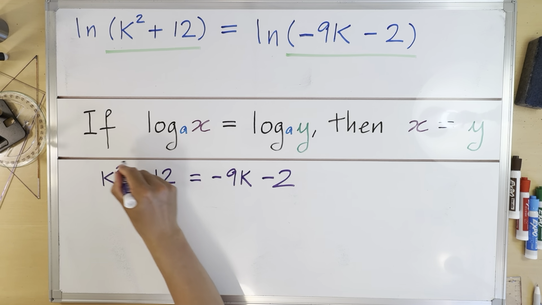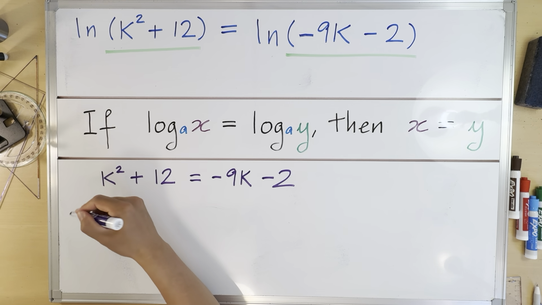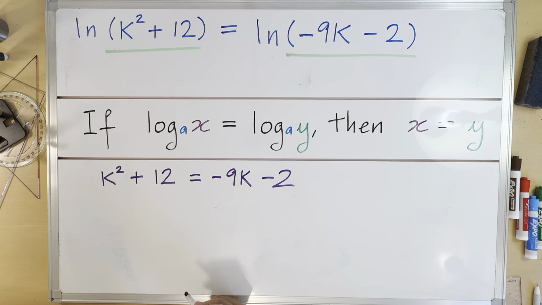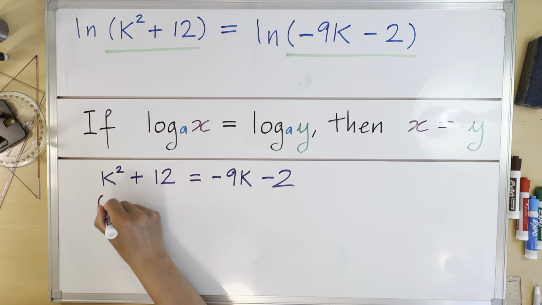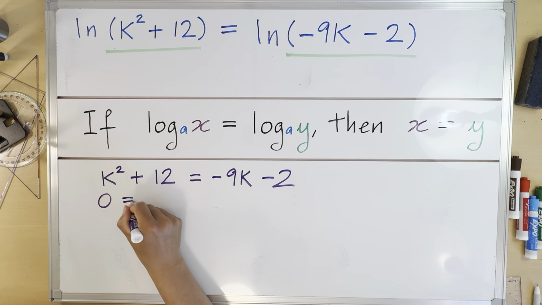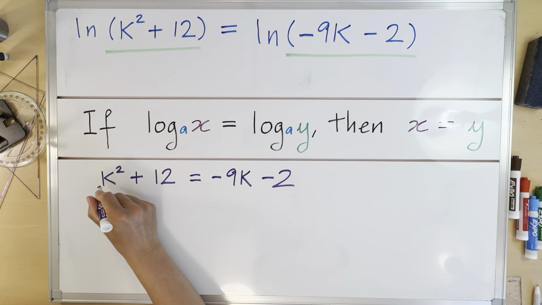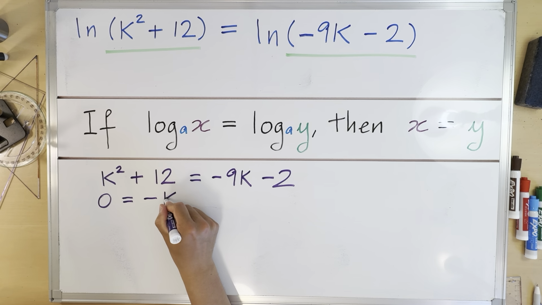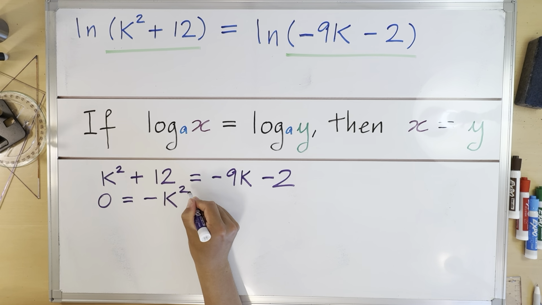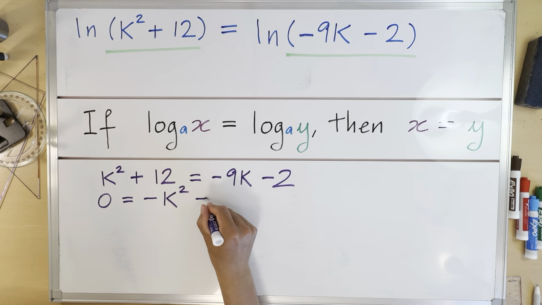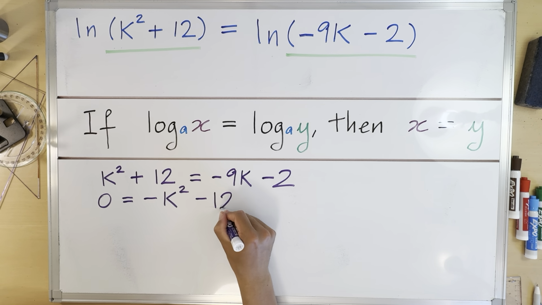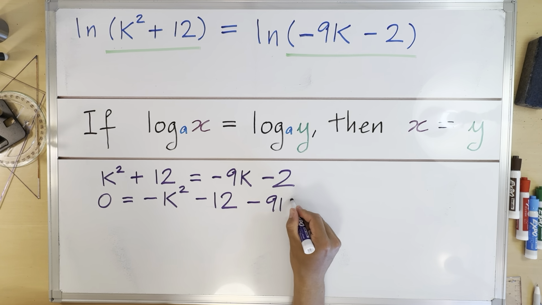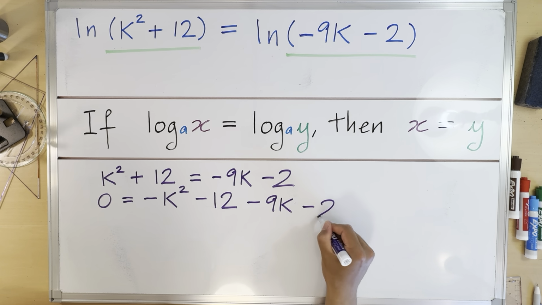Putting everything from the left side of the equation to the right side of the equation, this would become 0 is equal to negative k squared minus 12 minus 9k minus 2.